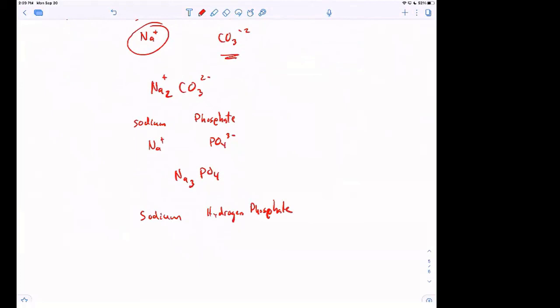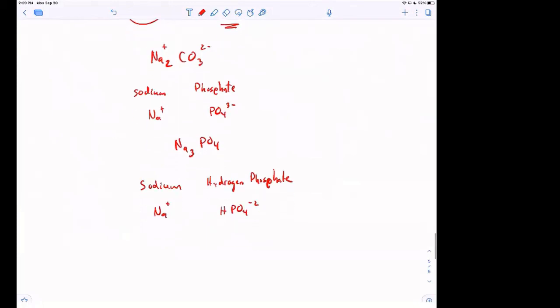Phosphate is PO4, biphosphate is HPO4. So it's going to be Na plus and then HPO4 -2. That H there brings it up to -2. And you just look up the ion charge at this point in time, and then you have Na2HPO4 like that.